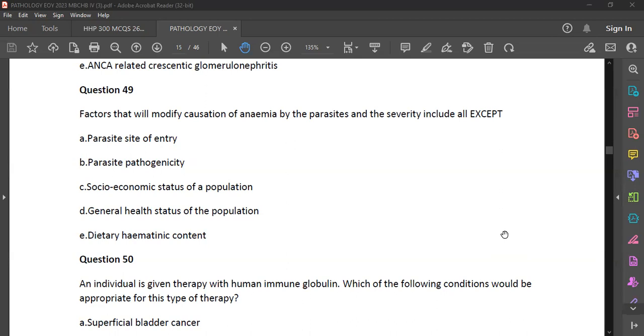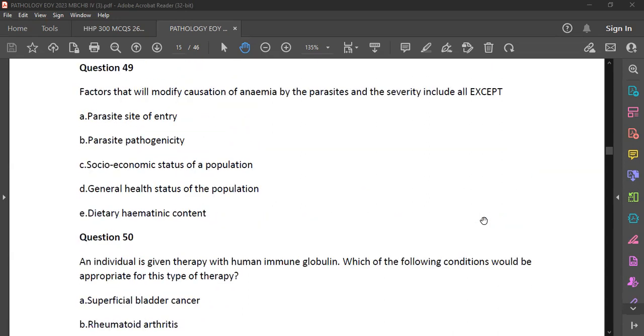For this one, I just went ahead to take it from the notes. The notes clearly put all the other answers, excluding choice A. So it's directly in the notes, because all the rest are put there except the parasite site of entry.